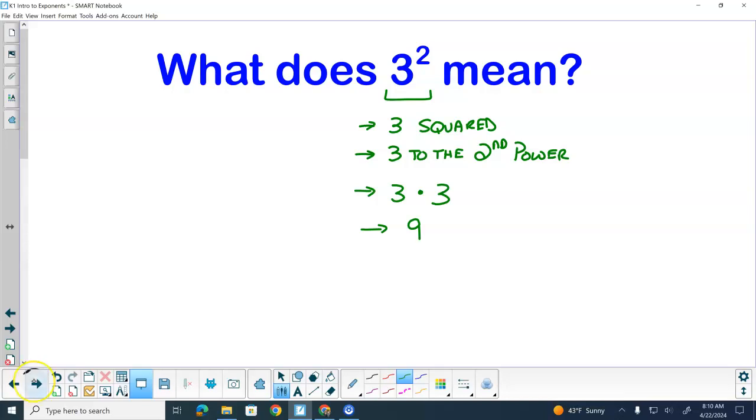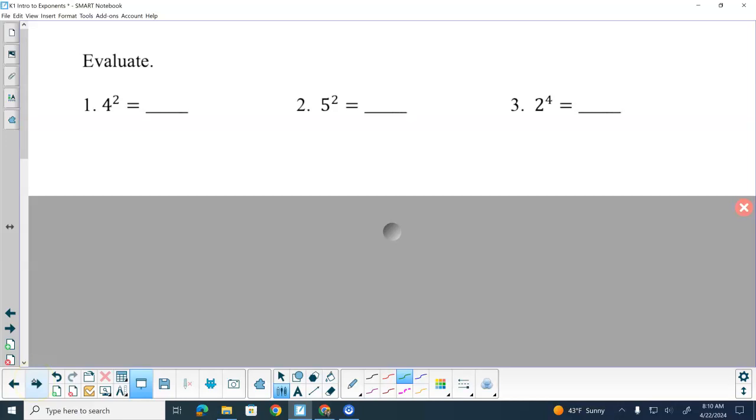Okay? So knowing that, Chloe, what does 4 squared mean? Other than being the greatest playground game ever. Ever play 4 squared? 4 times 4? Okay.